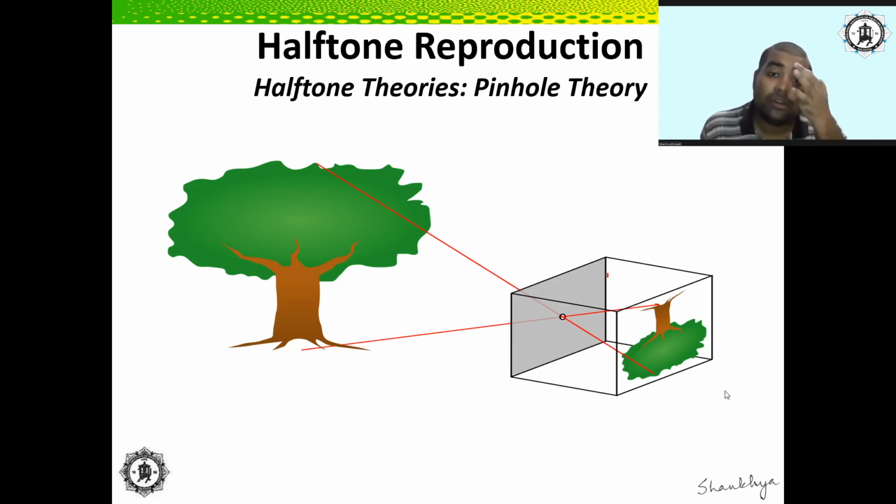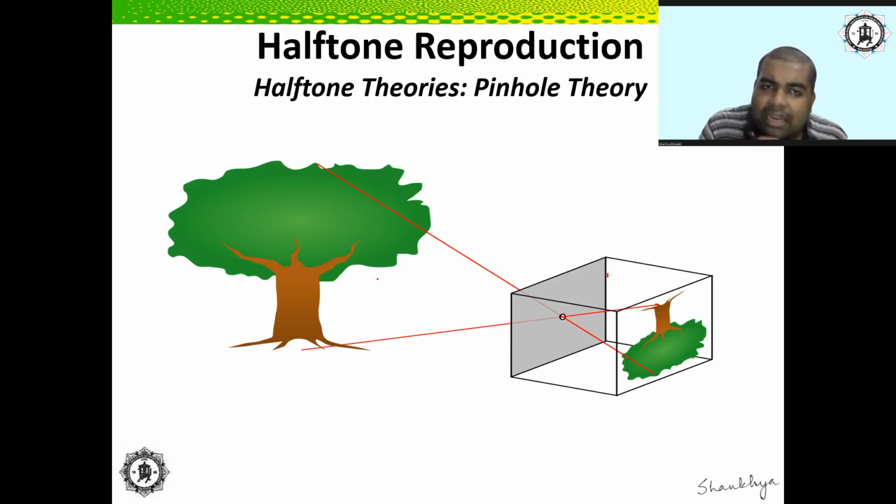Now the pinhole theory basically states that every point of the image that is obtained on the film, in our case because we are using a process camera, even in the camera also, every point of the image that is obtained on the film placed inside the camera is an image of the lens aperture itself.